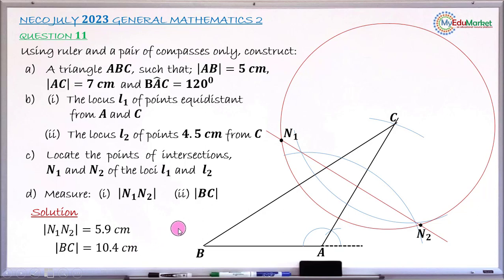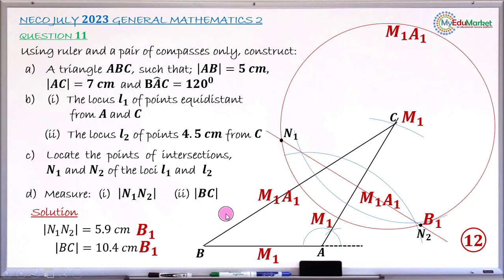So let me just share quickly with you how marks are distributed in this very question, as contained in the official marking scheme of this very paper. The very first mark is the method 1 mark, and this method 1 mark is for drawing this line BA exactly 5 centimeters.